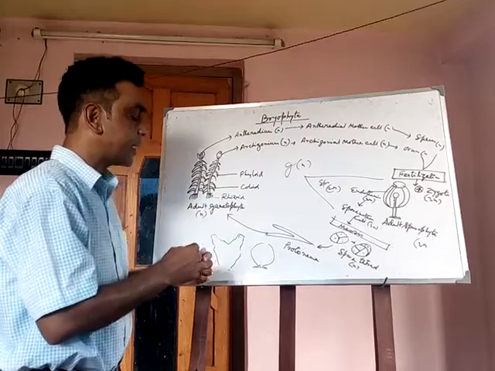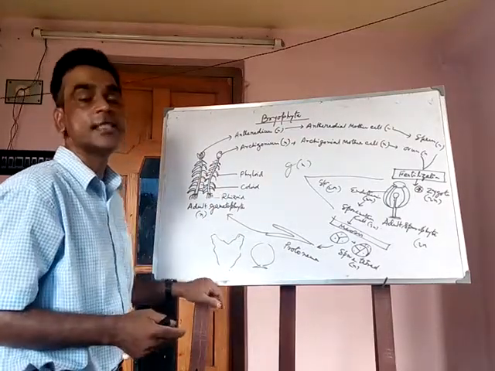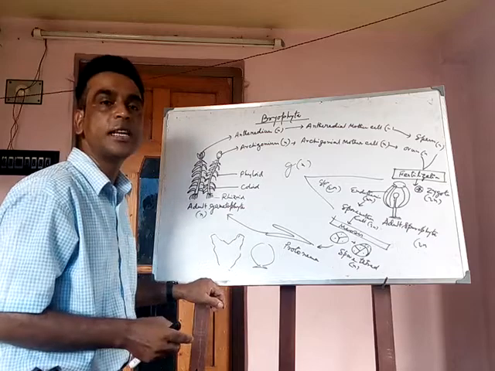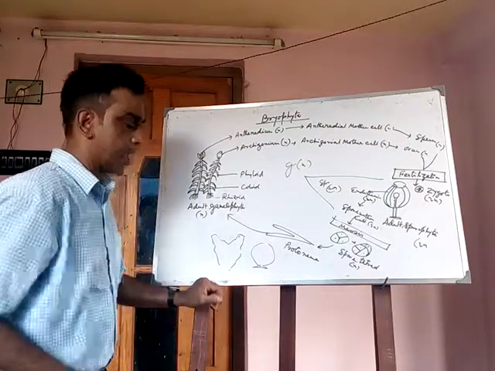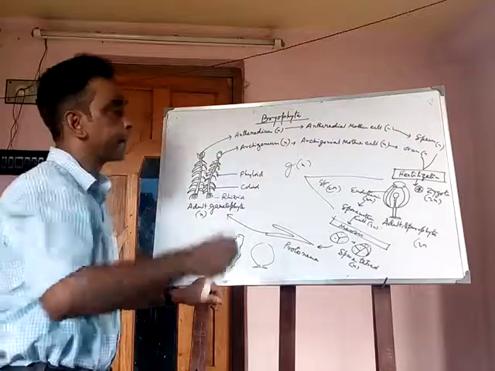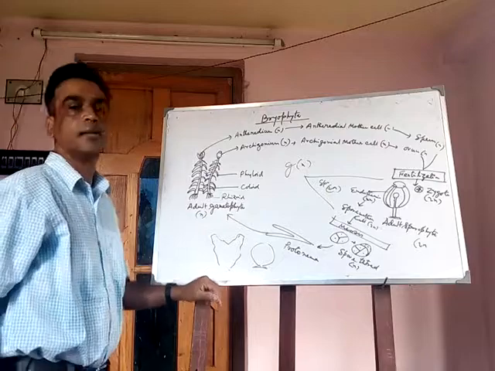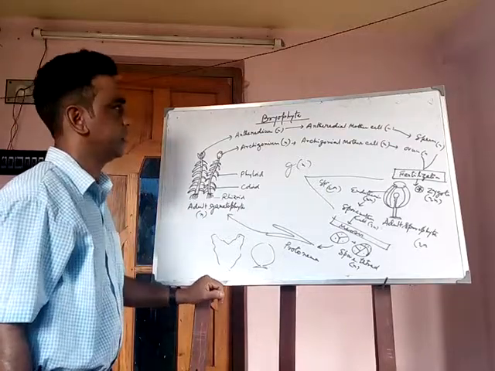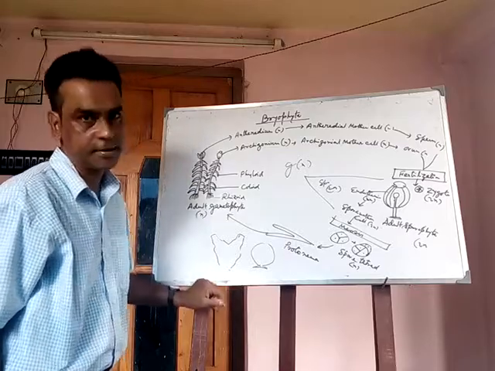Now the economic importance of Bryophyta, that is Sphagnum, called peat moss. It is used as peat, and it is also used as a product for cattle. Now, all of the chapter is covered.